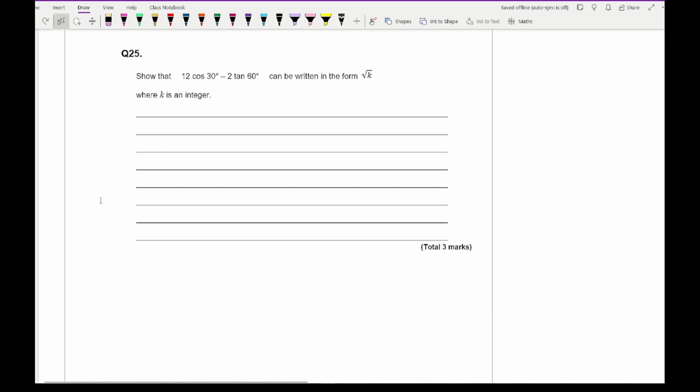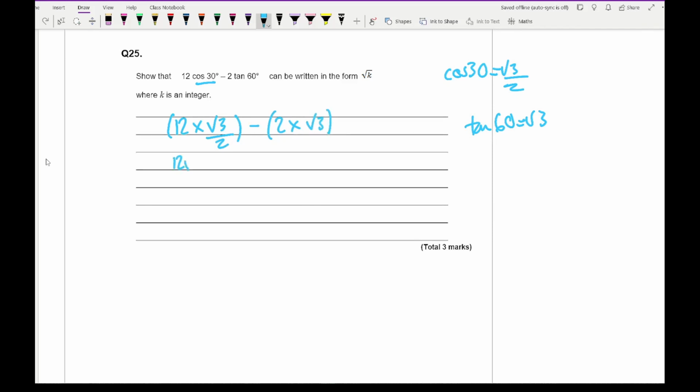Then moving on to question 25, it says show that 12 cos 30 minus 2 tan 60 can be written as a surd. So here cos 30 is root 3 over 2 and tan 60 is root 3. So from that, I've got 12 times root 3 over 2 minus 2 times root 3. This is 12 root 3 over 2 minus 2 root 3.